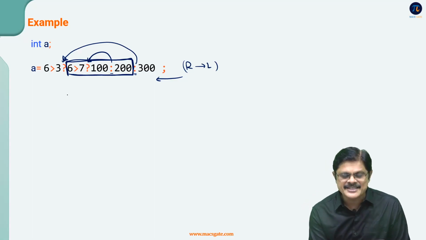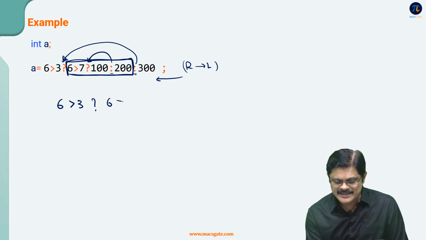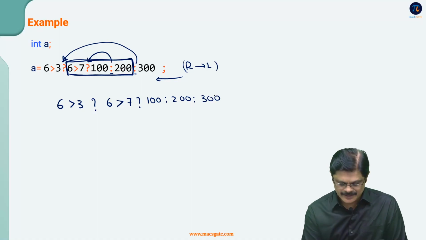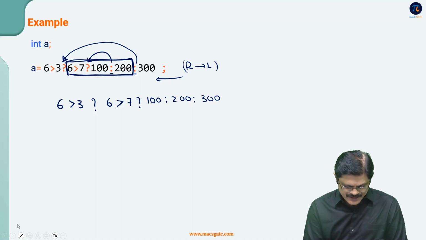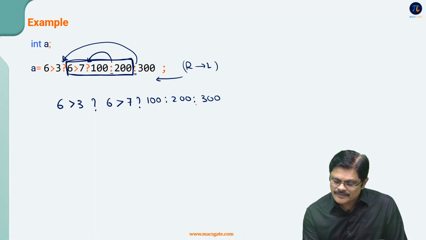So, let me write this expression and solve the problem carefully. 6 greater than 3 question mark, 6 greater than 7 question mark, 100 colon 200 colon 300. As I mentioned, we see colon, go left, again you see colon.